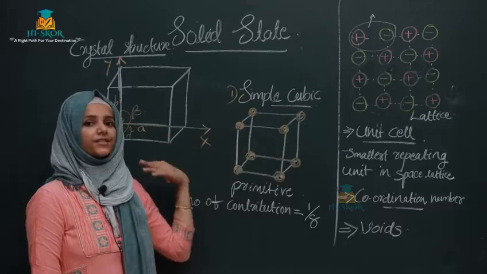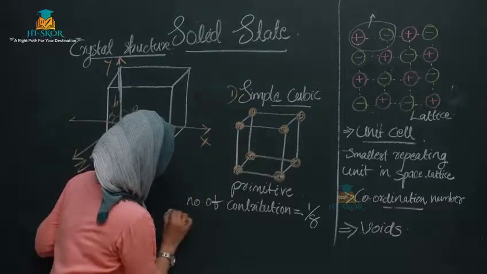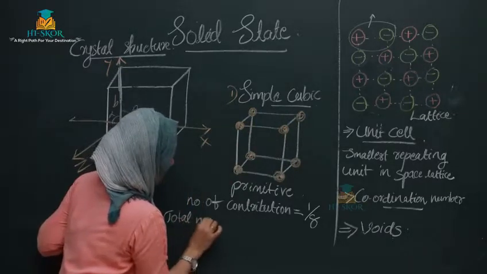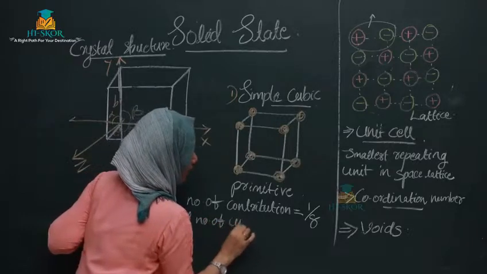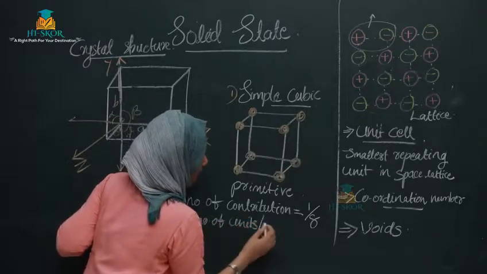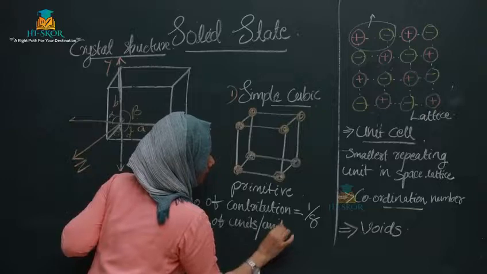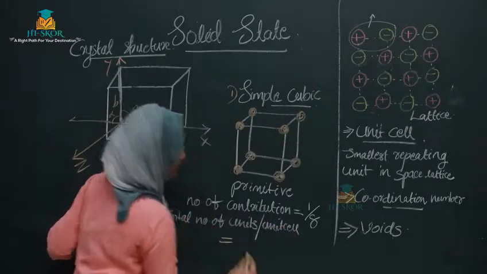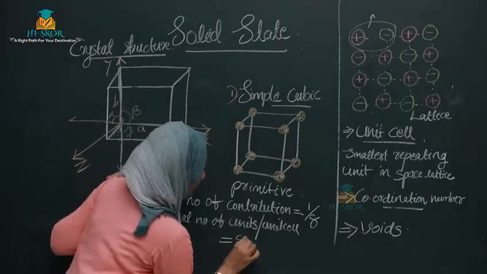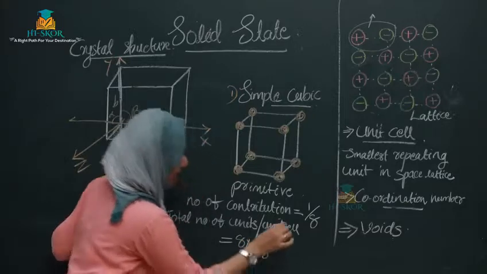We have 8 corners. So total number of units per unit cell is equal to how much? 8 into 1/8. Okay?